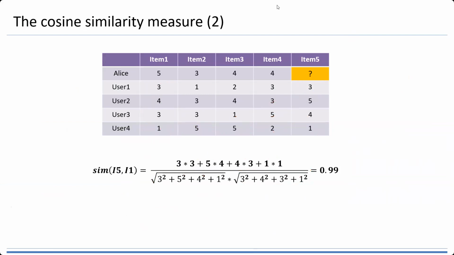And I can get a value of 0.99. It means item 1 and item 5 have high similarity for the ratings given by users 1, 2, 3, and 4.